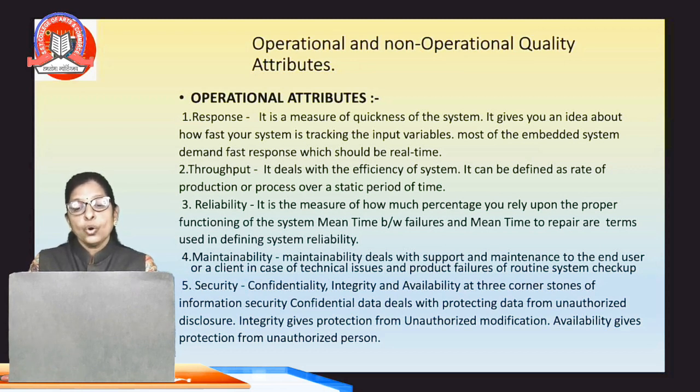Confidentiality deals with protecting data from unauthorized disclosure, integrity gives protection from unauthorized modification, and availability gives protection from unauthorized persons. These three are very essential in our operational quality attributes.